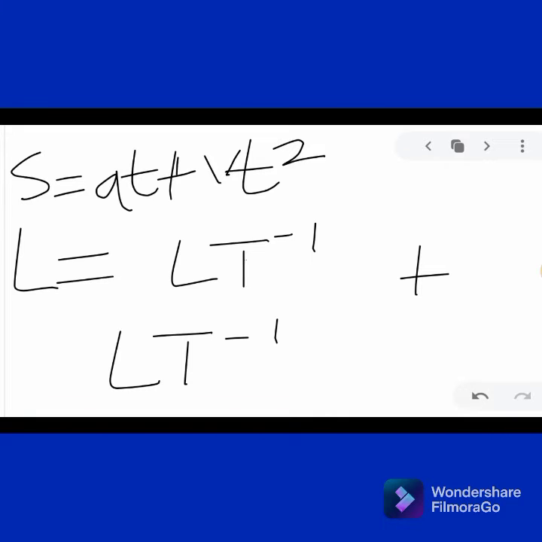So our first unit here is L, L is for S. Then AT, the formula for AT is L T minus 1. L T raised to power minus 1 isn't the same thing as L. And V T squared is not the same thing as L, which therefore means that this equation is not dimensionally correct.